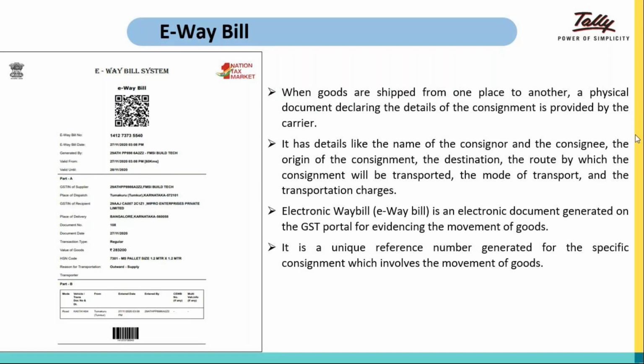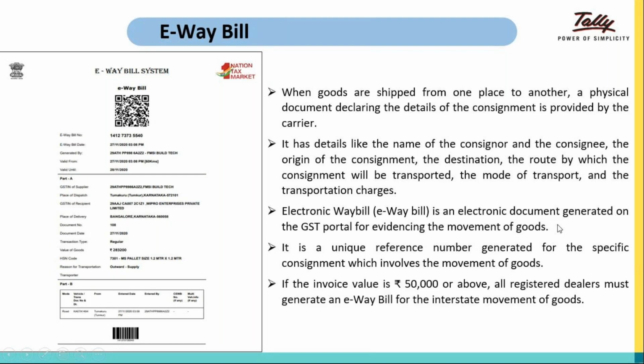When our e-way bill is generated, a unique reference number, that is the e-way bill number, will be generated, which will have the consignment details. Now very important, make a note of this. If the invoice value is 50,000 or above, all registered dealers must generate an e-way bill for the interstate movement of goods.